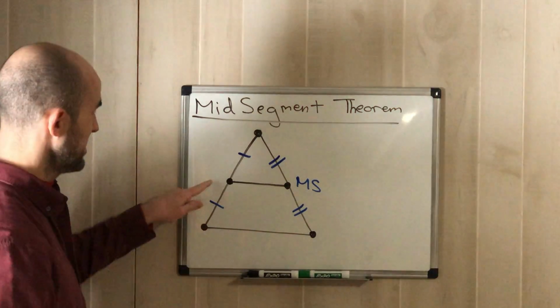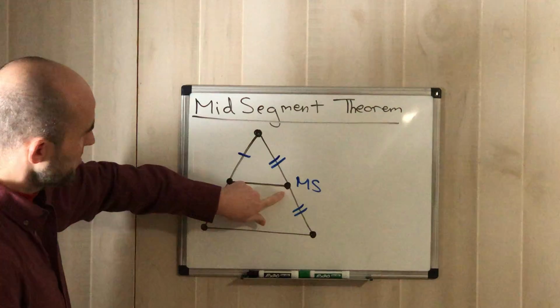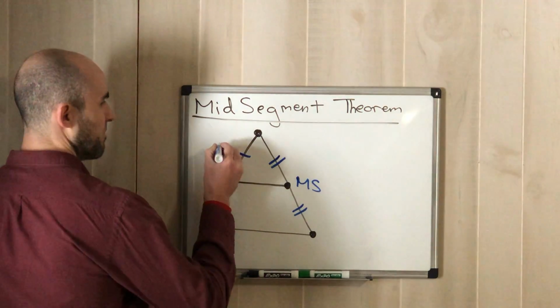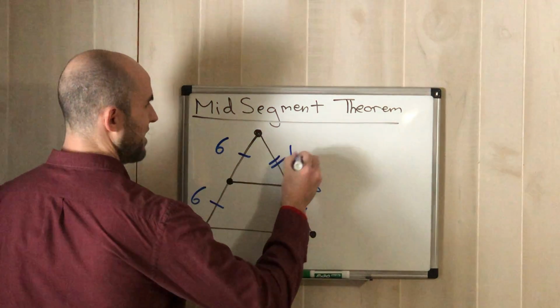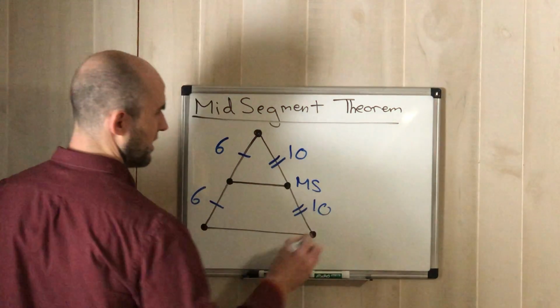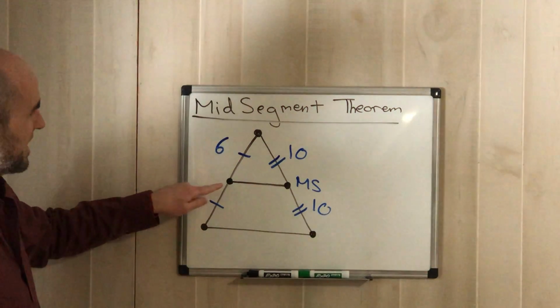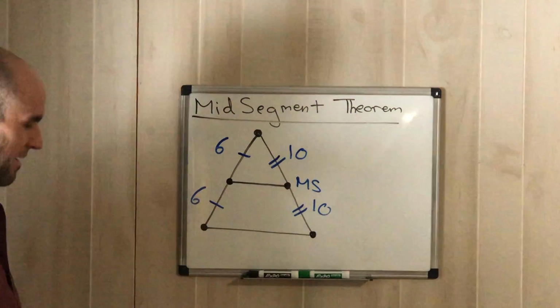What I did know is this was in the middle here, so those two are the same, and this was in the middle here, so those two are the same. Which now would be easy, because if this is 6, that would be 6. If this is 10, that would be 10. As long as you have a midsegment, the same side, they're both going to be the same.